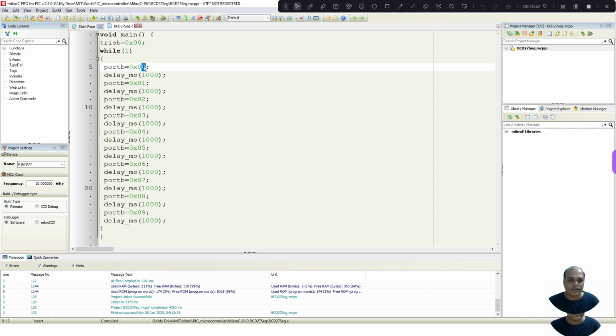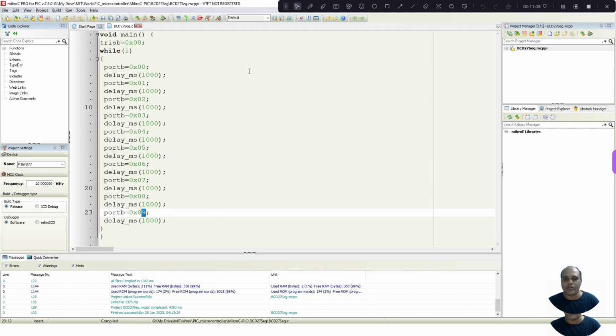So the lower portion has the BCD inputs: 0, 1, 2, 3, 4, 5, 6, 7, 8 and 9. When these inputs are given to your driver, it provides the 7 segment output, thereby we can see a display.